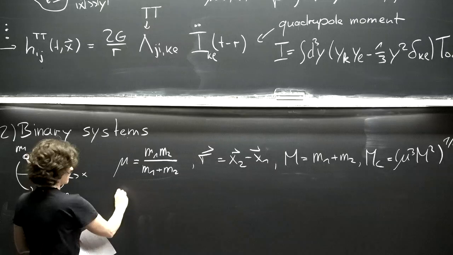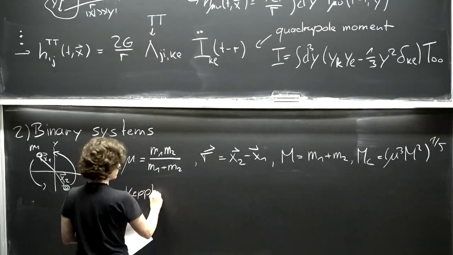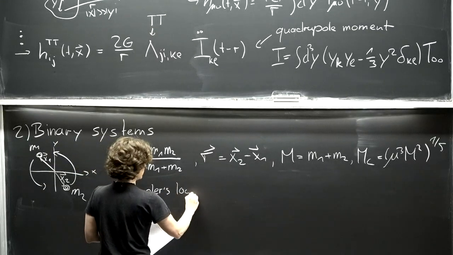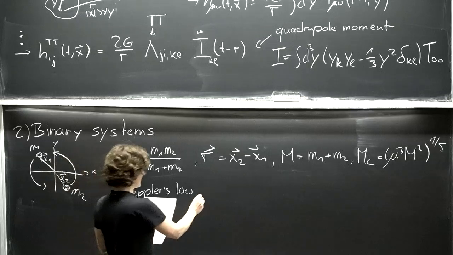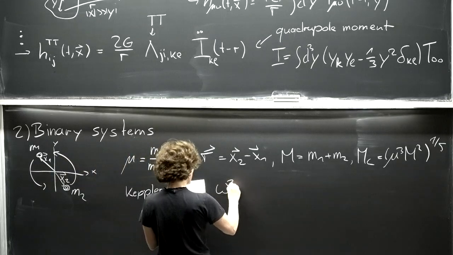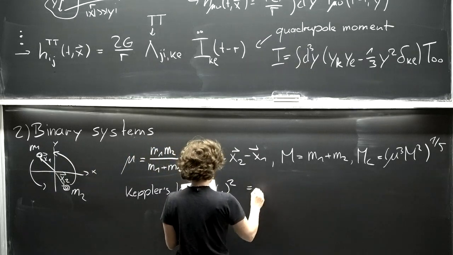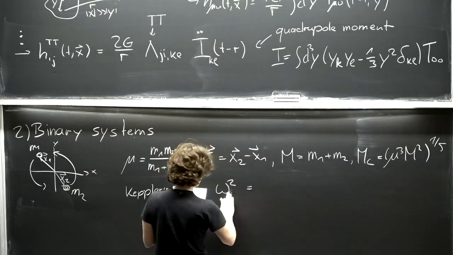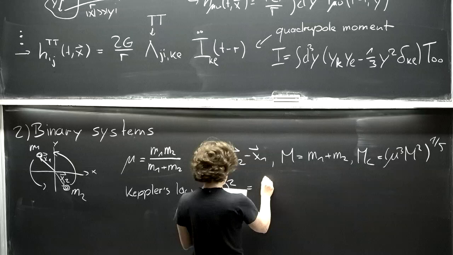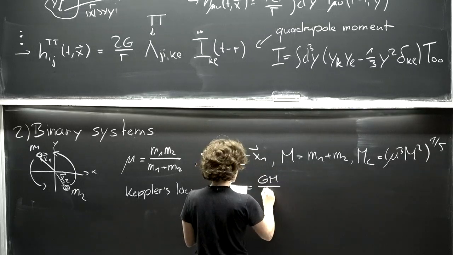Now, Kepler's law tells you the frequency at which these orbit around each other, where I'm assuming, just for simplicity, that everything is perfectly circular. There are no ellipses. So omega squared, the omega of the source, omega s, is GM over r cubed.